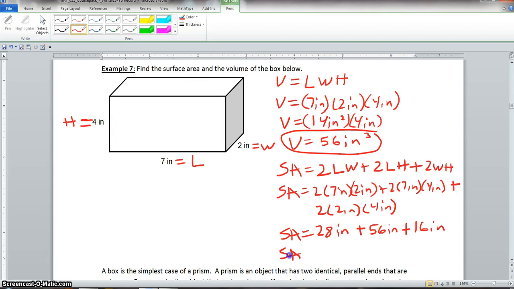So our surface area is equal to, now all of these are square units, because remember, whenever we're dealing with area, whenever we multiply, we end up with the square units. So we have 28 and 56, which is 84 square inches, plus the 16 square inches, which is 100 square inches. So your answer here is 100 square inches.